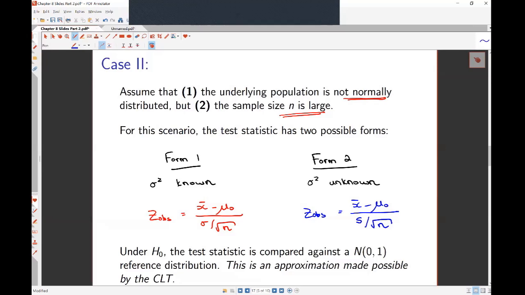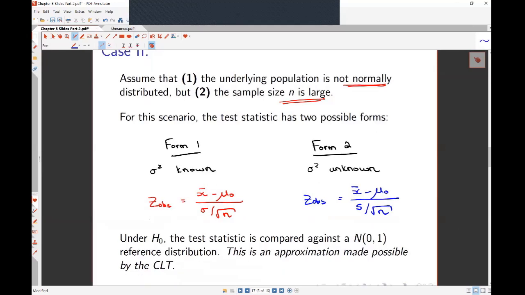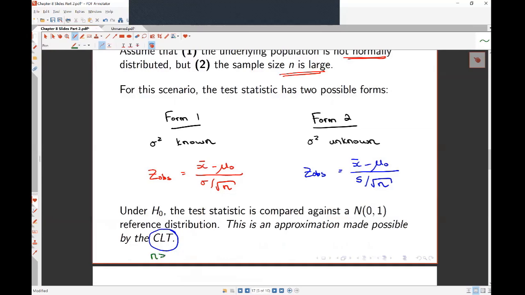But in this setting, because we do not have normality, we cannot do an exact calculation. Provided our sample size is large enough, though, we can invoke the central limit theorem, and at least for the purposes of this class, we are going to say sample size large enough means n is at least 30.